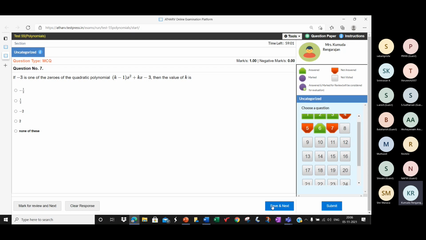Yes, children, if minus 3 is one of the zeros, how will you do this? Just tell me the method. How do you do this?